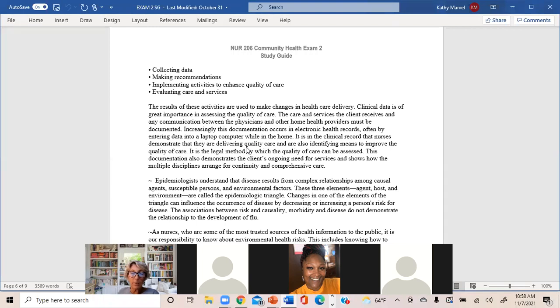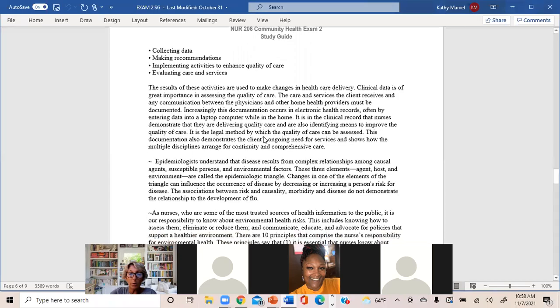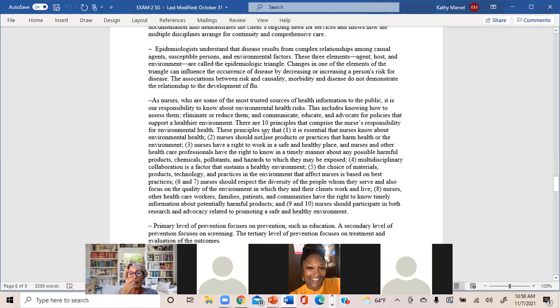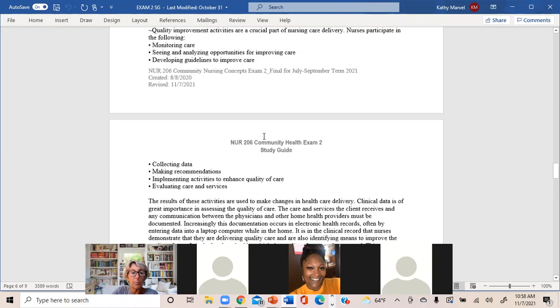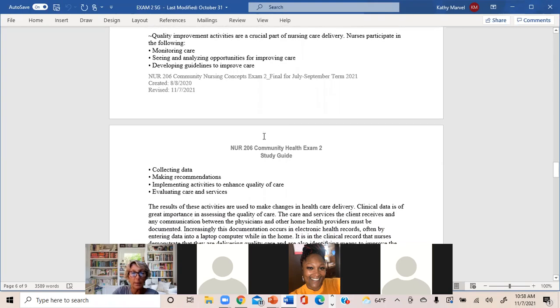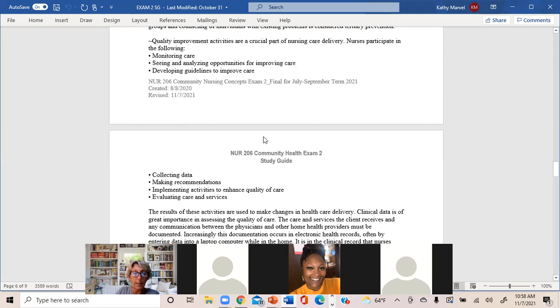And as nurses, we're always trying to identify ways to improve quality care. So quality care is important too. If you need more information on that, go back to the chapter that talks about that. But this is applying quality improvement monitoring to your nursing process. That's what this is about right here.